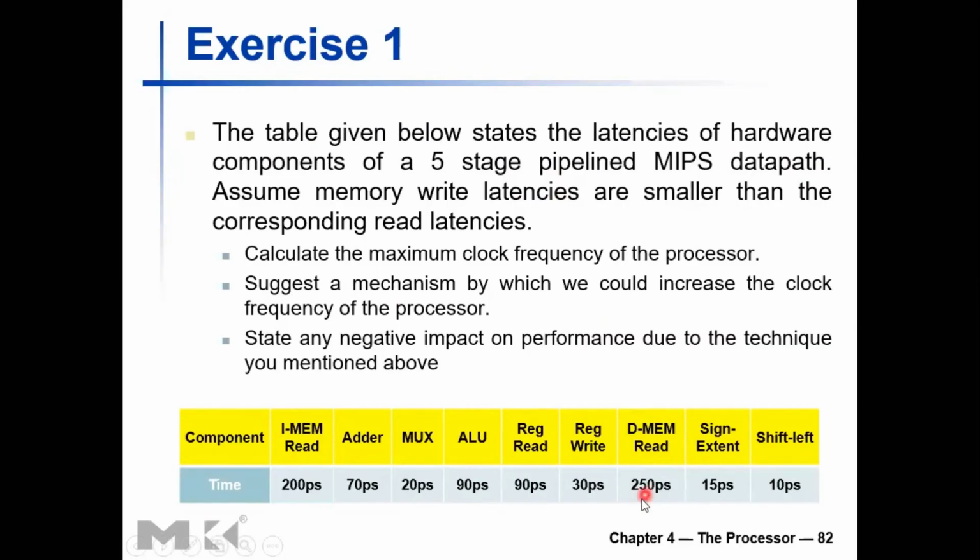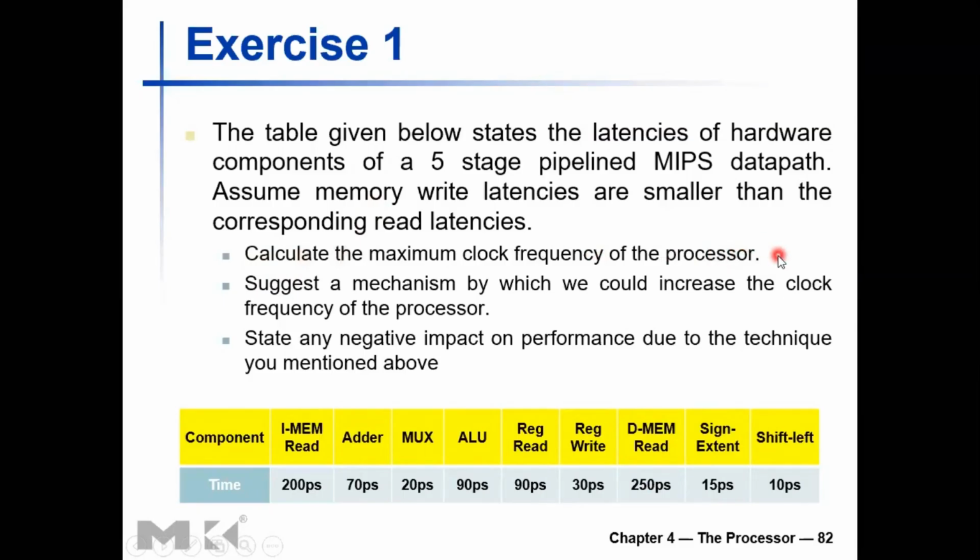Data memory, reading has a 250 picosecond latency, and the writing of data memory has a smaller latency compared to the reading of data memory, right? So the number is smaller than 250. That's the assumption. So the first question is to calculate the maximum clock frequency of the processor.